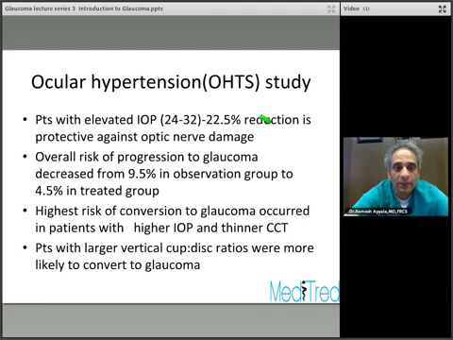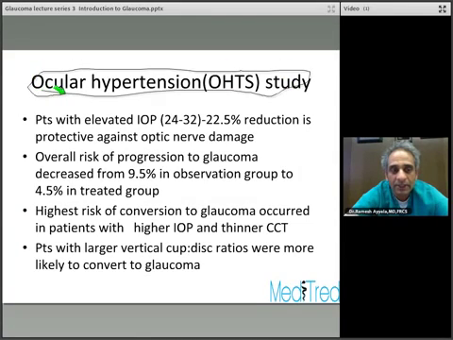The other important study that I think you have to read is the Ocular Hypertension Treatment Study, which came out more recently, wherein they followed 600 odd patients with ocular hypertension and randomized them into treatment and no treatment groups.